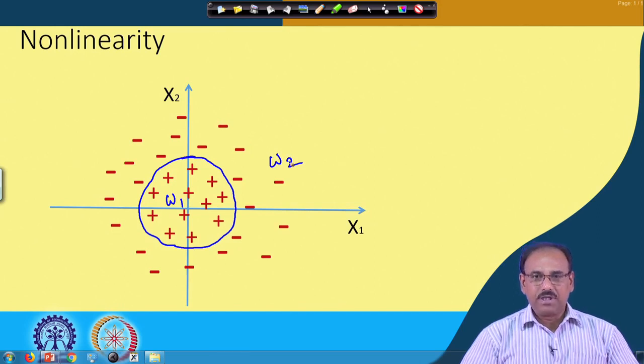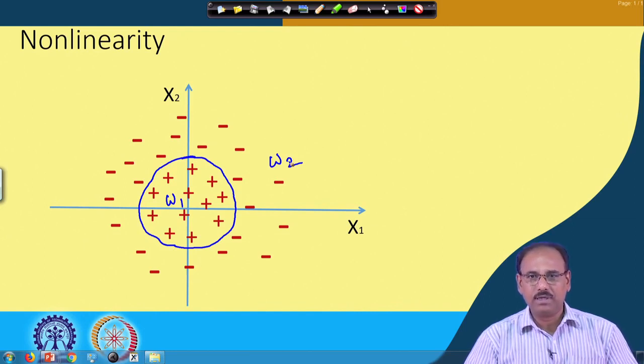So, I have the distribution of the feature vectors belonging to classes omega 1 and omega 2 as shown over here. And this is the case in 2 dimensions.